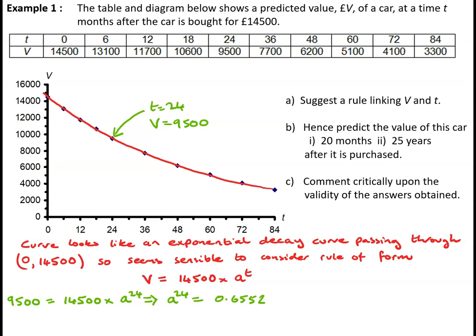And if we take the 24th root of that, we've got a is 0.6552 to the 1/24th, which is 0.9825. So this is suggesting that we've got the rule as v is 14,500 times 0.9825 to the power t.